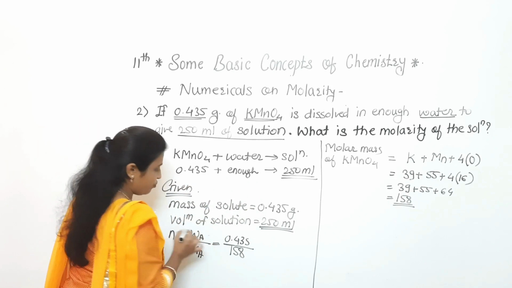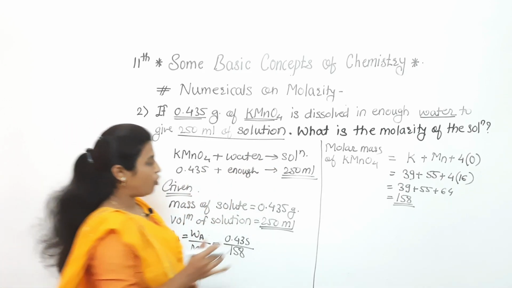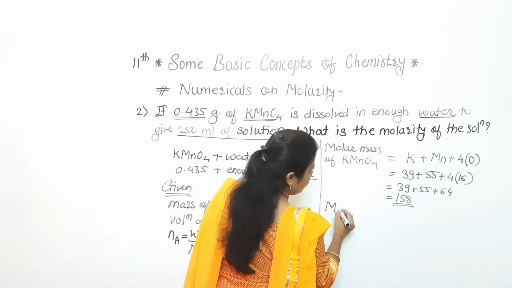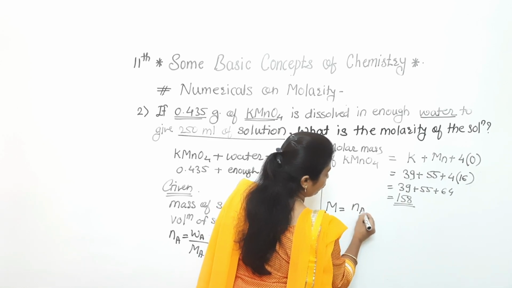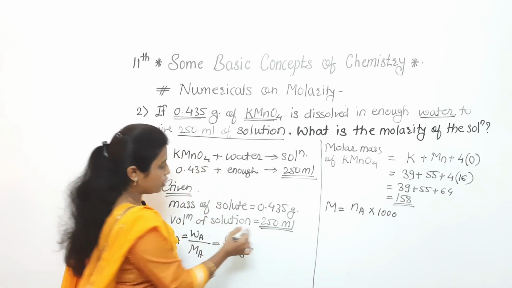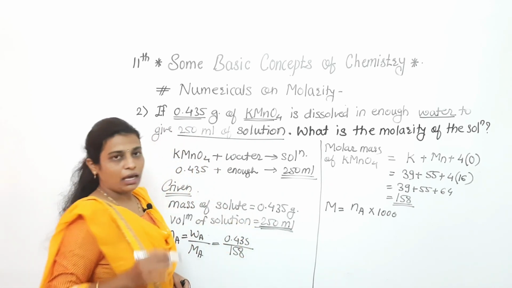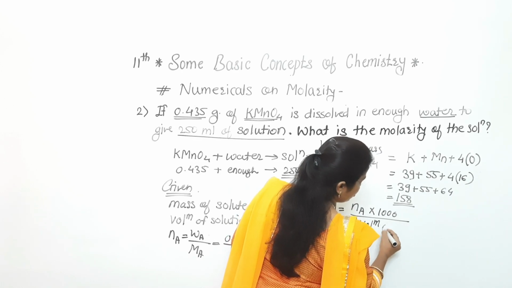Okay, so see, firstly we calculated, now we'll put this value as it is in the formula. Molarity, what is the formula? Molarity is equal to number of moles into 1000. Why am I taking here 1000? Because volume is given in ml, divided by volume of solution.